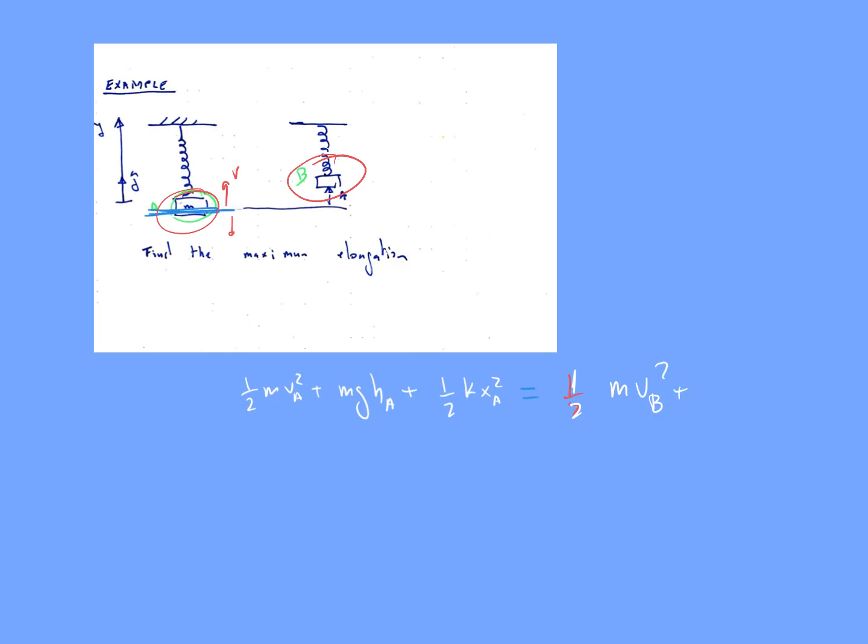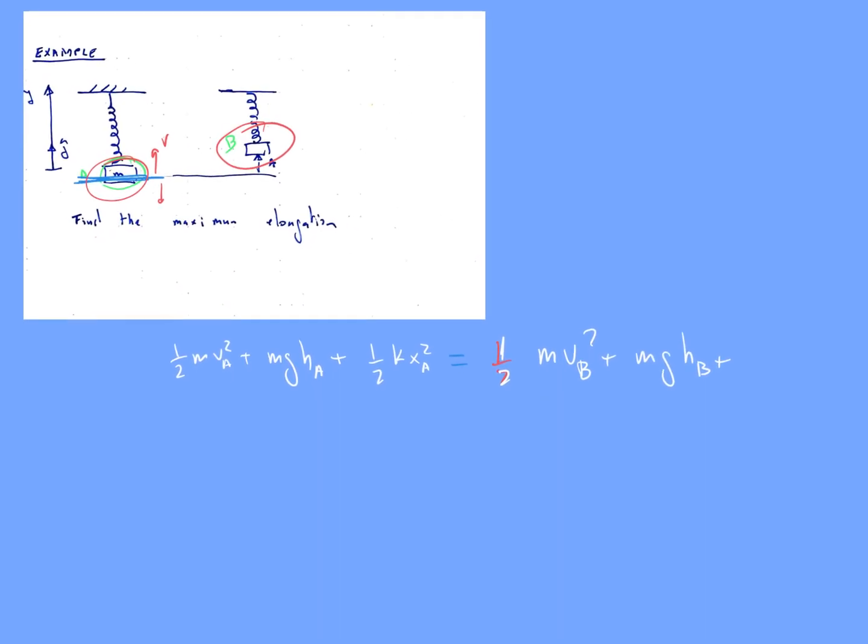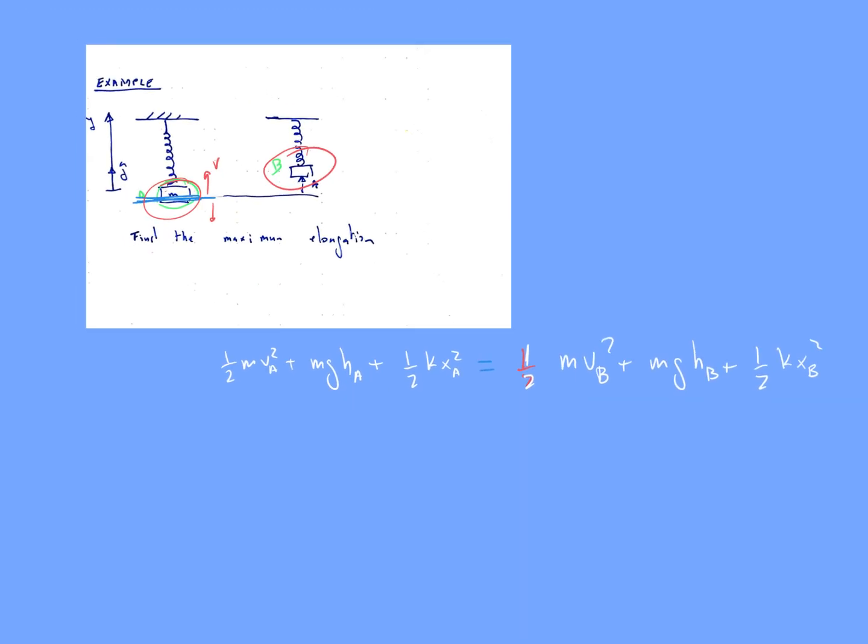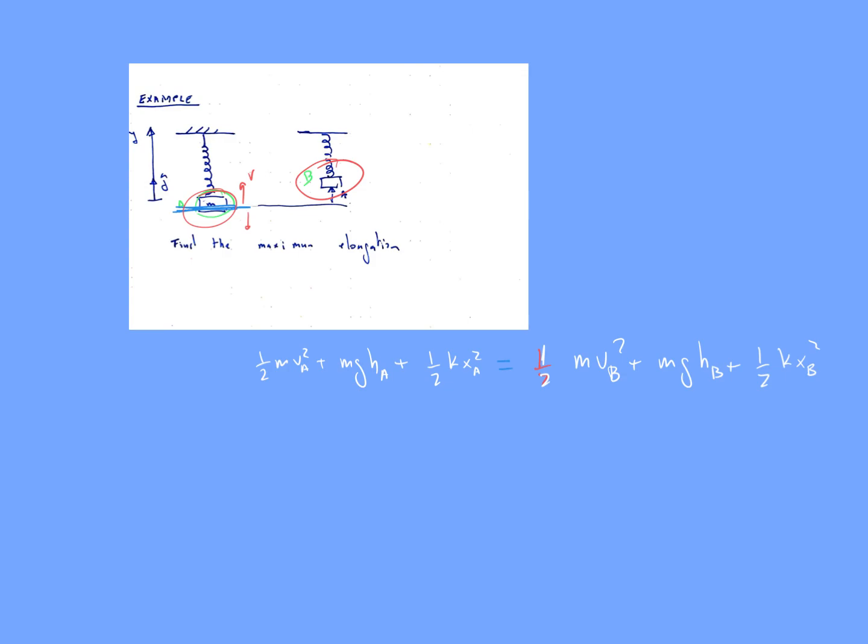1/2 m v squared plus m g h_b plus 1/2 k by the elongation of the position. So let's go to do the problem now and put numbers. So this is the mass, this is x equals 0, let's say.